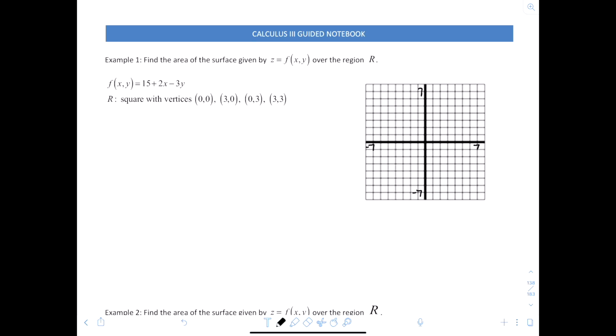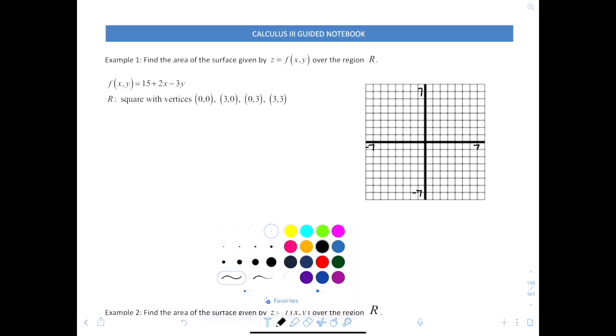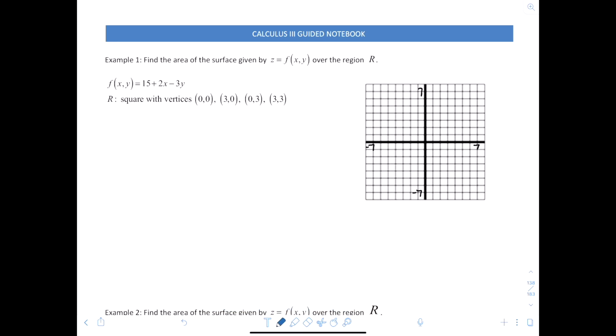So our region will be like this: (0, 0), (3, 0), (0, 3), and (3, 3). So we've got our square.